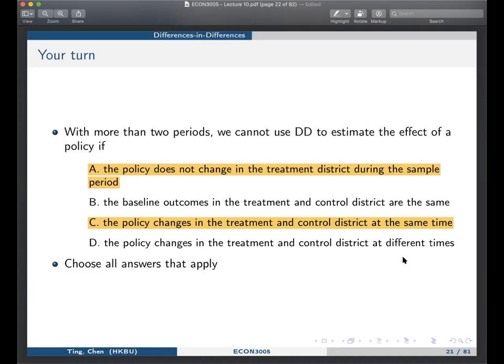But still, because in the short period between 1930 and 1931 we have the policy difference between the treatment group and control group, we can still apply the DD. So we shouldn't choose D, because we can use DD in these cases.